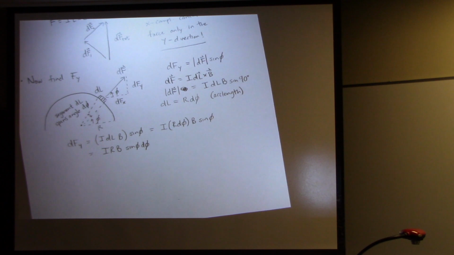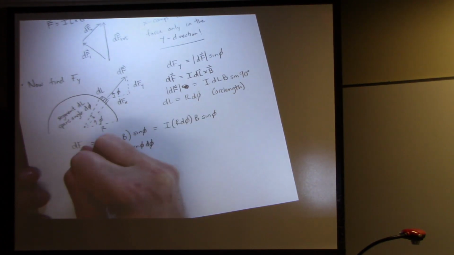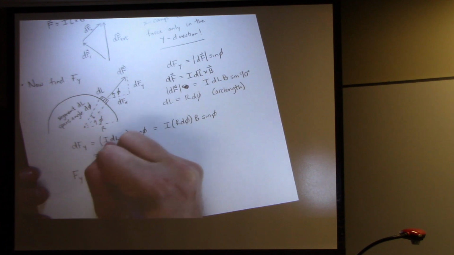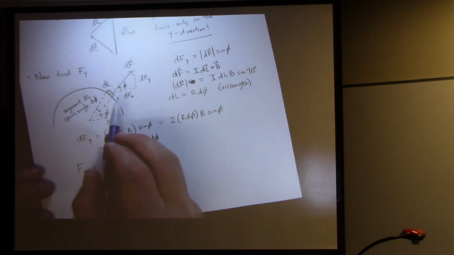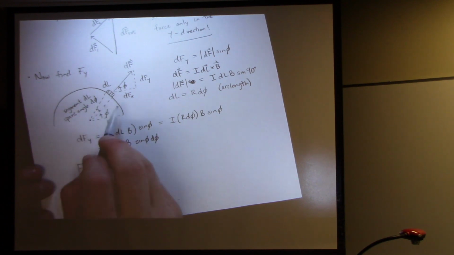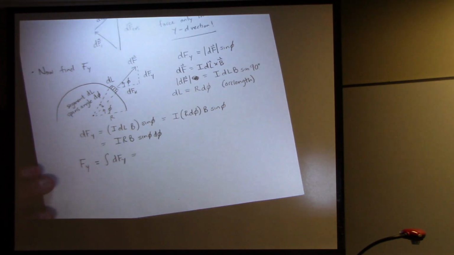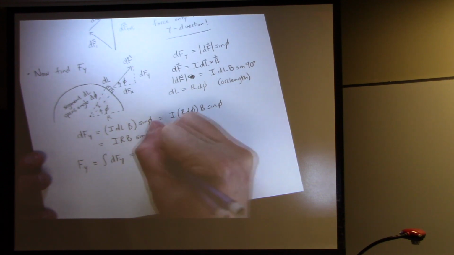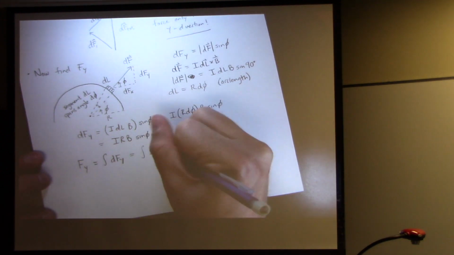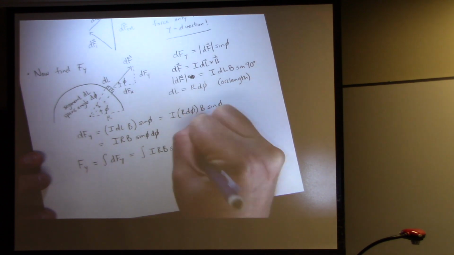Okay, so if I want to get the overall force in the y direction, what I have to do is integrate over all my dFy's. If I add up all of these tiny little bits of force that each segment gets, and I include the whole loop, then I'll get the overall force. This is an integral. Now in this integral, what I'm plugging in is I R times B sine phi d phi.